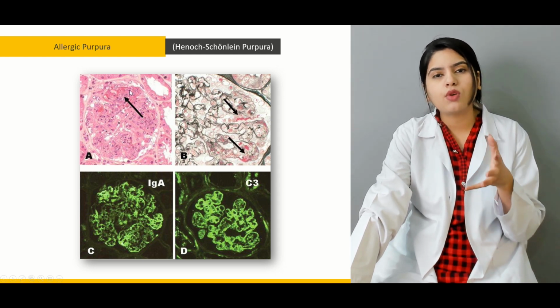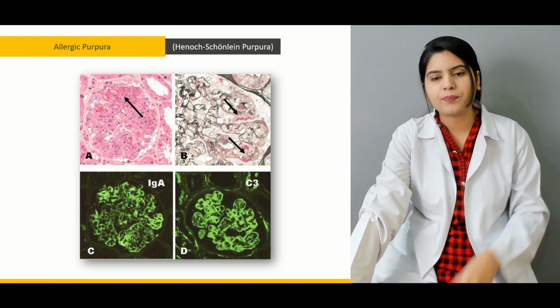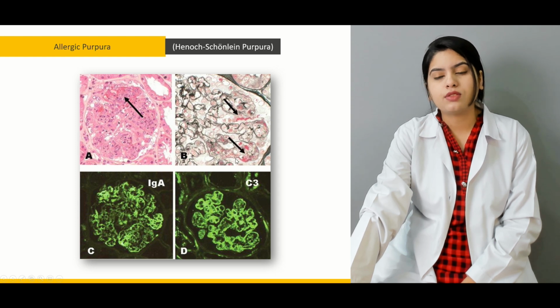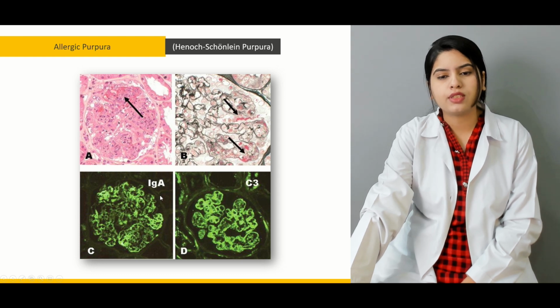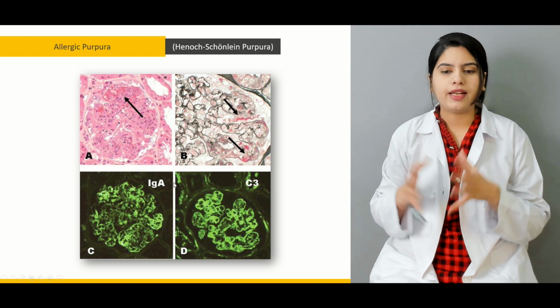There is fibrin necrosis, with accumulation of fibrin specifically in Bowman's space. Then this part shows the capillary loops present because of the accumulation of different cells, fibrin and necrosis. And these are two other micrographs showing the IgA and C3 protein as well.